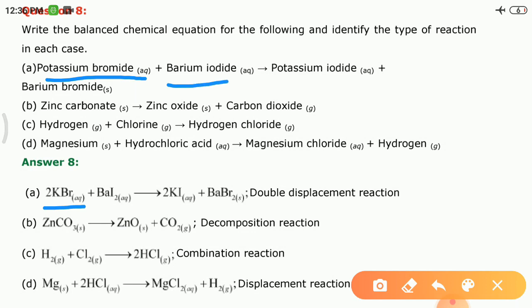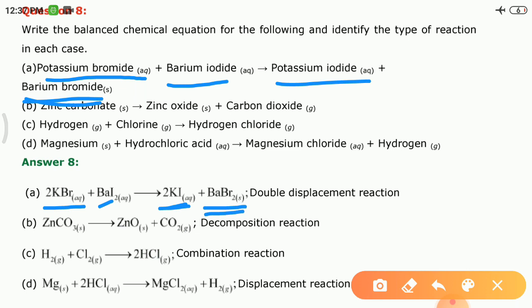Barium iodide formula is BaI2 because barium's valency is 2 and iodide valency is 1. So formula will be BaI2. Then potassium iodide KI and barium bromide. Barium is Ba plus 2 and bromide is Br minus 1. So the formula will be BaBr2.